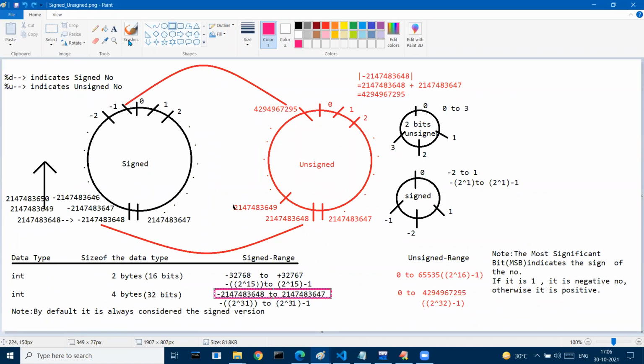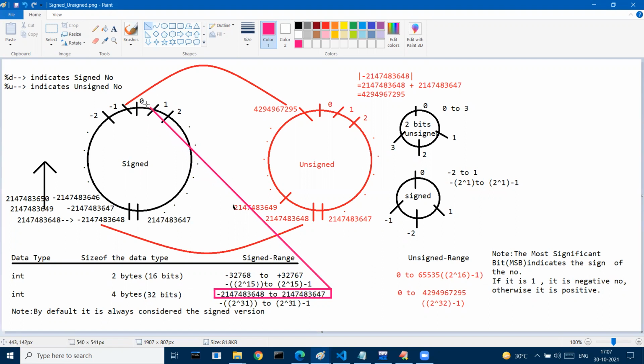Now, if I try to interpret this range pictorially, diagrammatically, how will it look? Two sides are there: the positive side, where nothing is mentioned, and the negative side.